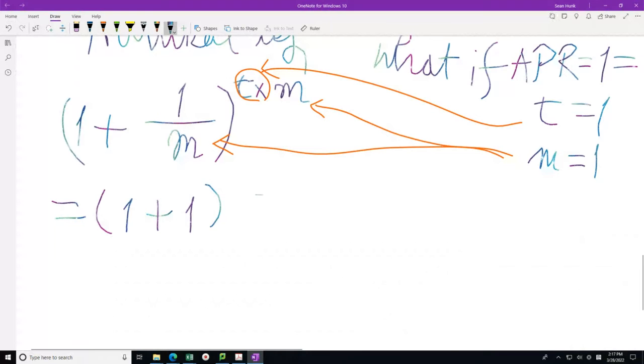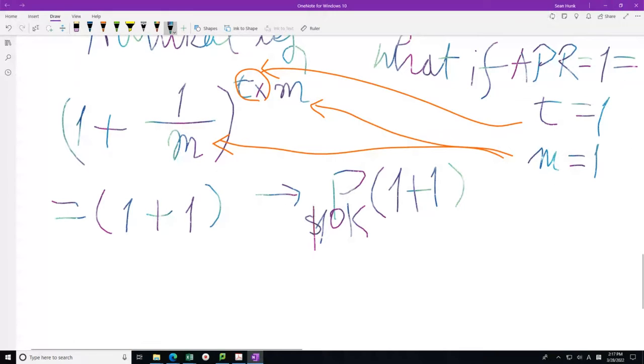That means if you put a principal of something like 10K in the bank for 1 year, it's going to double. The future value will be exactly 20K, right?